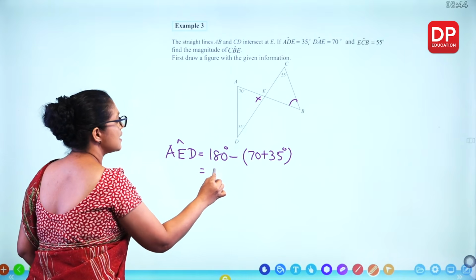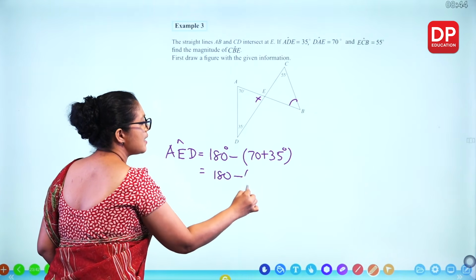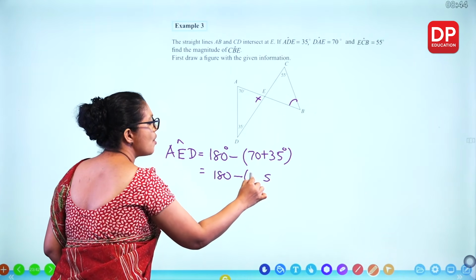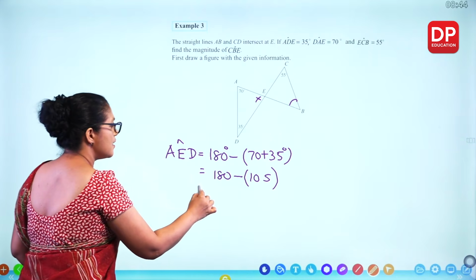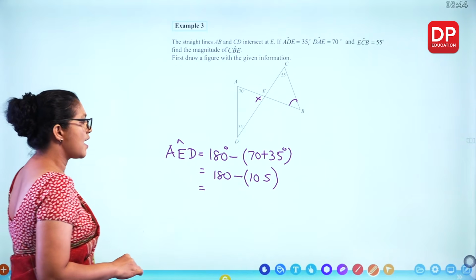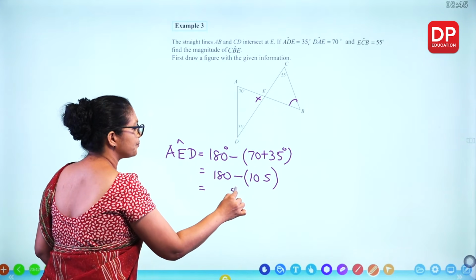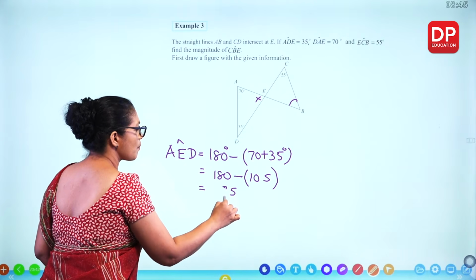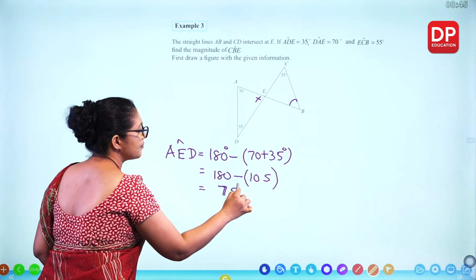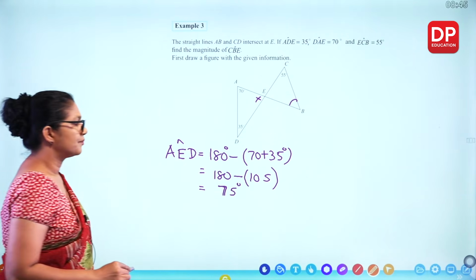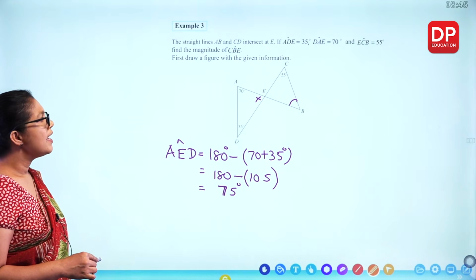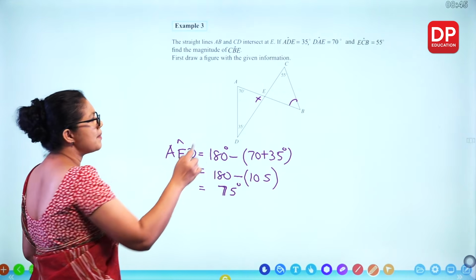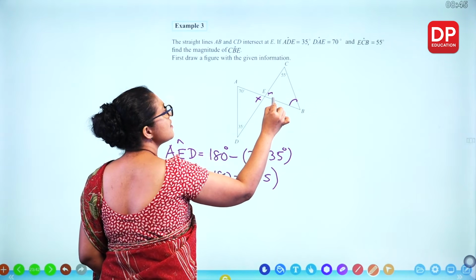So 180 minus the sum of these two, 105, becomes 75. So 75 degrees for AED. So that means this is also 75.